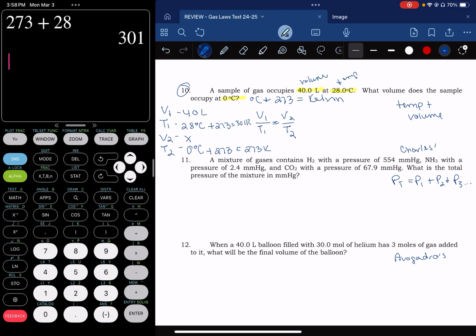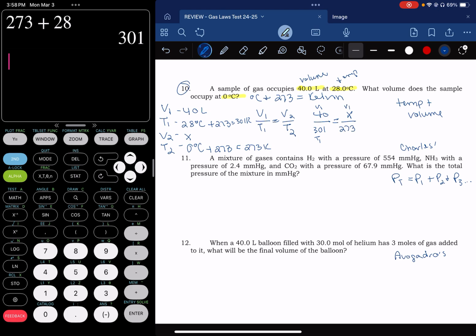Now we're just going to plug these in. We have 40 for V1, and our T1 is 301. That equals our V2, which we've identified as x, and then our T2 goes on the bottom, which is 273.